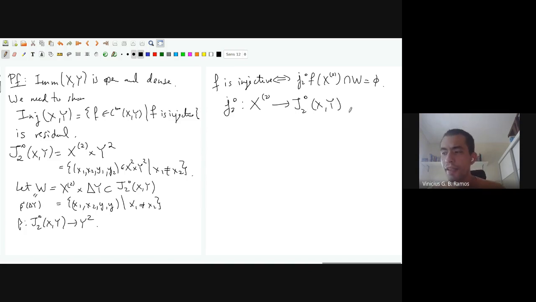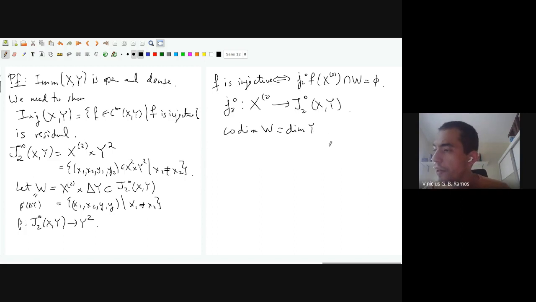Okay, so now let's look at the dimensions. What is the codimension of W? Well, the codimension of W is the same as the codimension of the diagonal inside of Y squared. So it's the same as the dimension of Y. Here you have a full dimensional space, and here you have a submanifold, and the dimension of the submanifold is the same as the dimension of Y. This guy has half the dimension of the product.